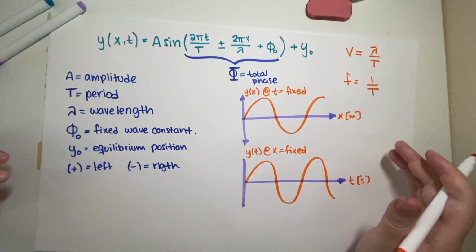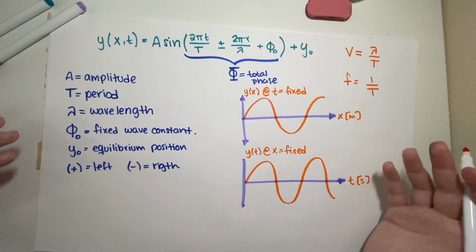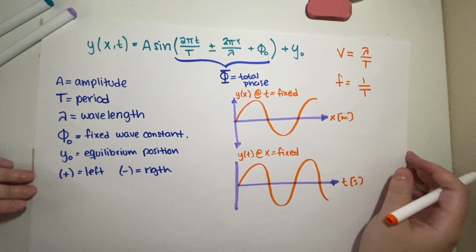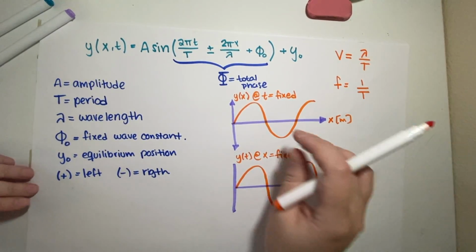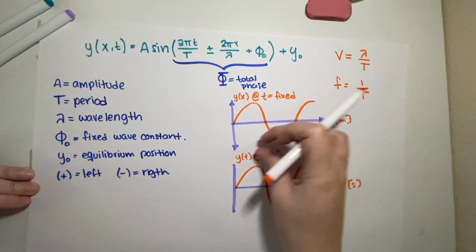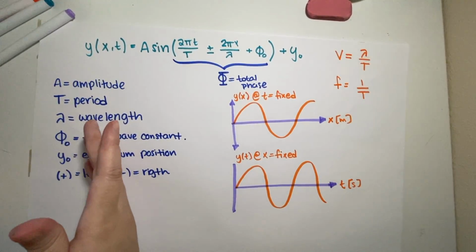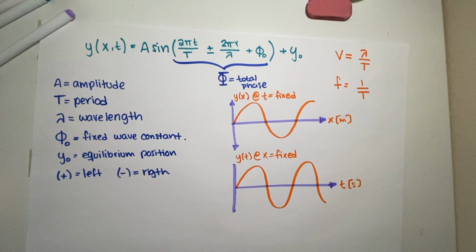Both of the graphs at their core are just sine functions, so both of them look pretty much exactly the same. So the most important thing is what's up here and what's here. The reason is that depending on the graph you have, that's the information you're going to be able to pull from it. So now let's do a little experiment.